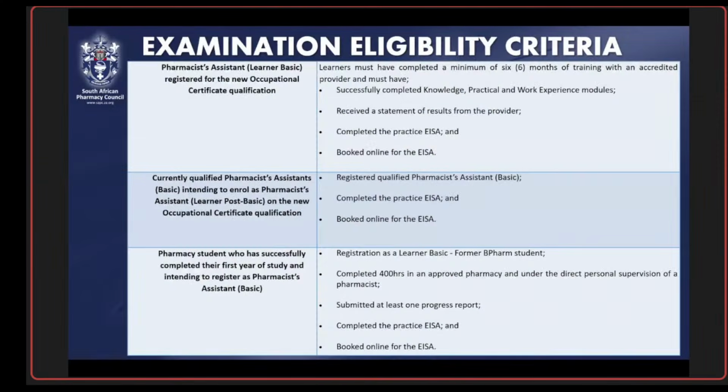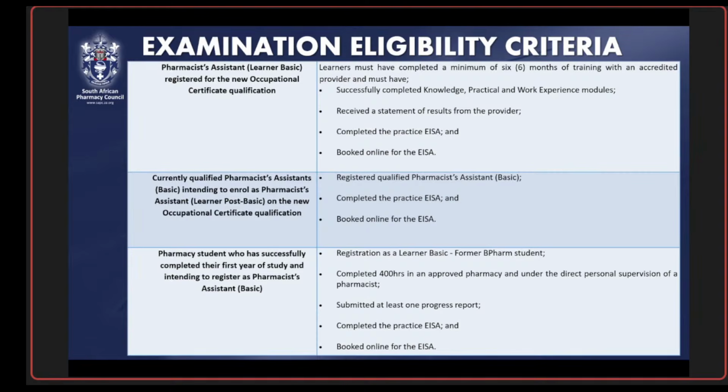So if you are currently registered as a pharmacy assistant, learner basic under the new occupational certificate qualification, to be able to write the EISA, you must have completed a minimum of 6 months of training with an accredited provider, and you must have successfully completed all the knowledge, practical, and work experience modules, and received a statement of results from the provider. And this is important.